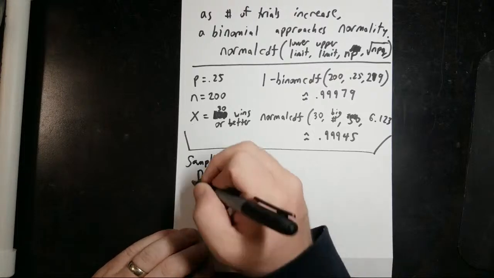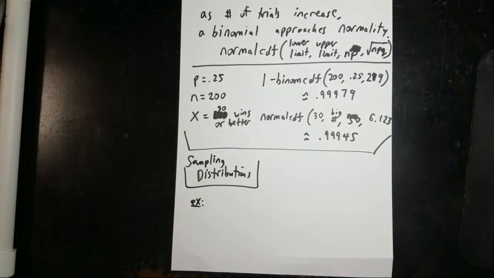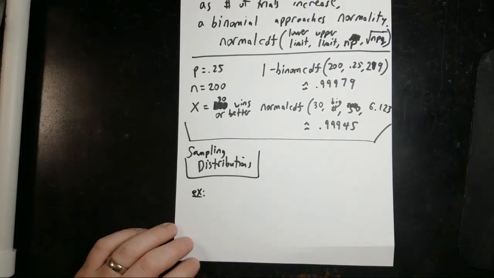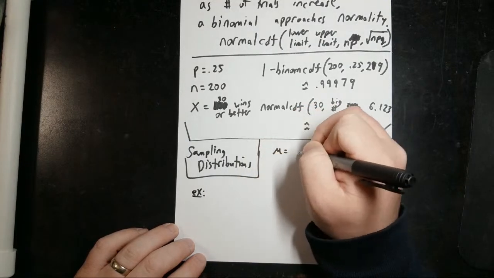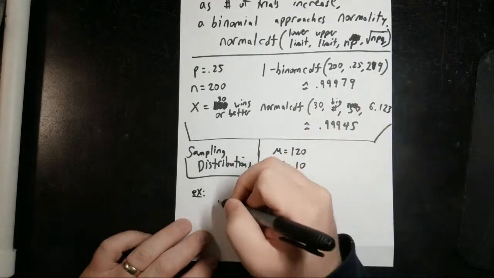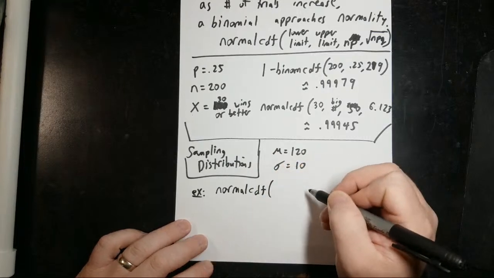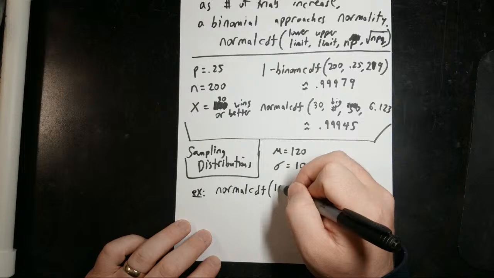So, just to show the difference between a sampling distribution and a regular normal distribution, I go back to that original example where I had a mu of 120 and a standard deviation of 10, and I said, okay, what are the chances that a person falls between, let's just do 130 or better.